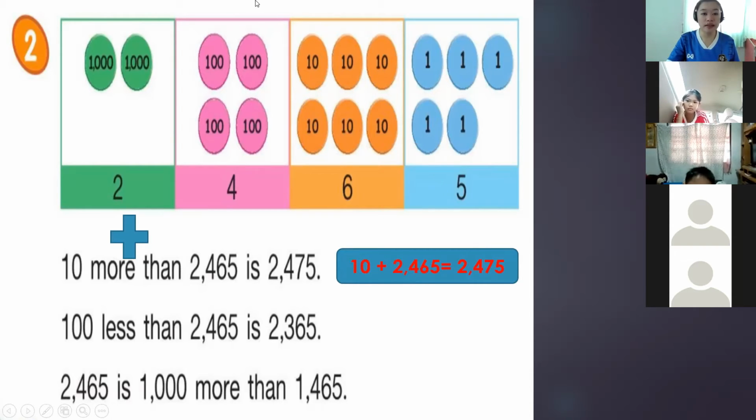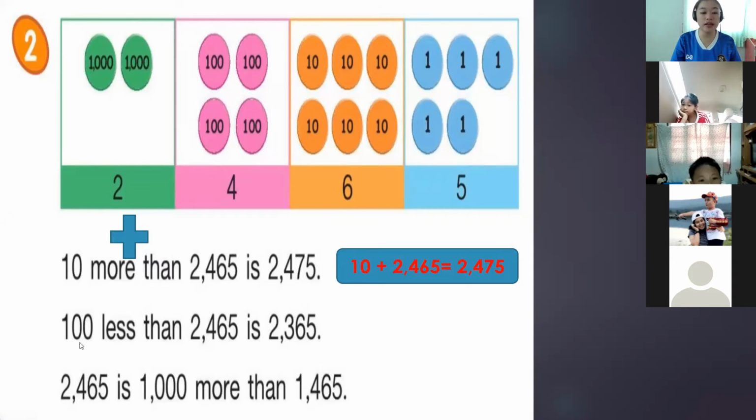Okay, and next statement, we have 100 less than 2,465 is 2,365.